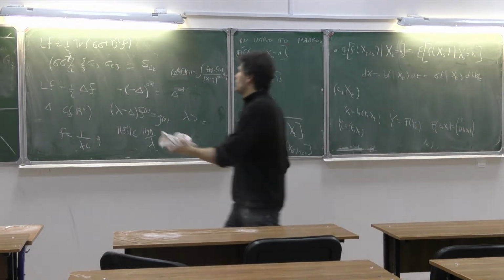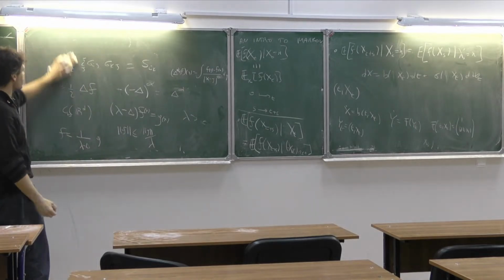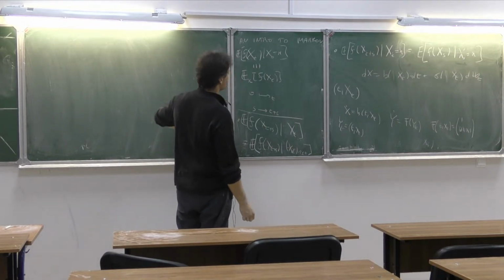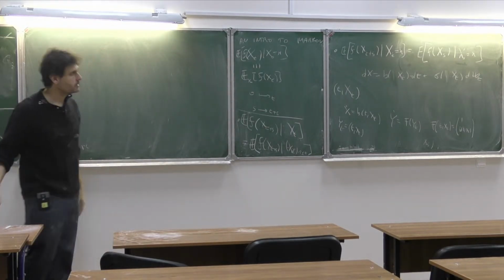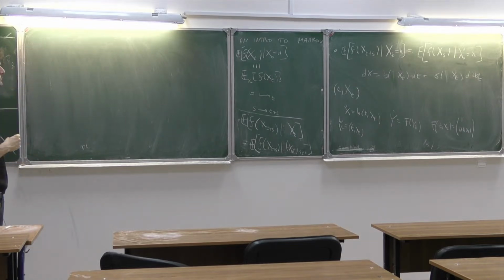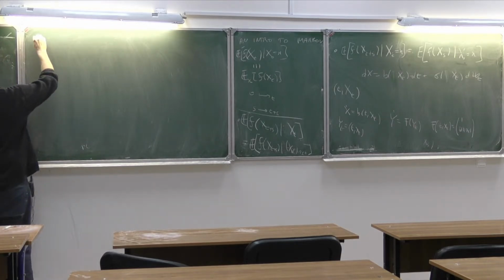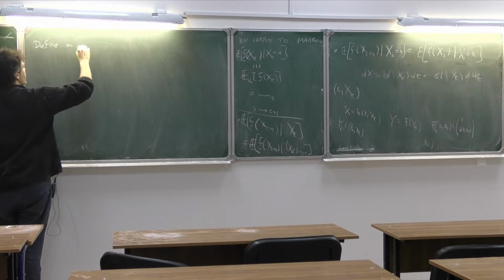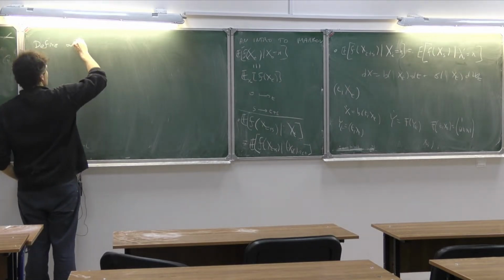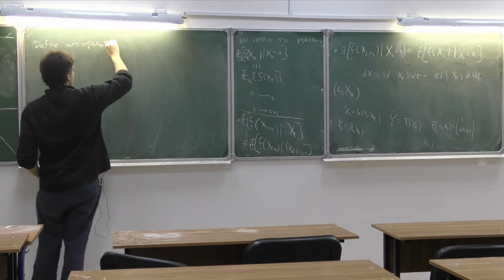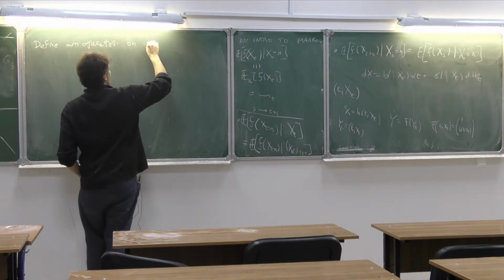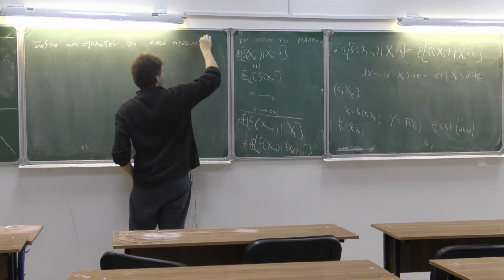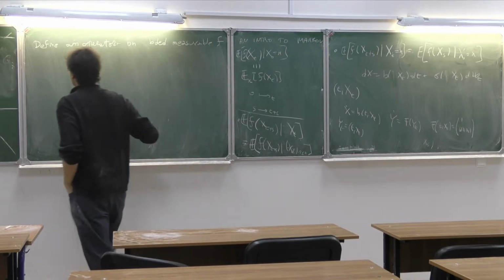So what's cool about Markov processes is that if they are regular enough, there are plenty of ways to characterize their law. In this case, for a Markov process, I can define a semigroup, so an operator, on bounded measurable functions.